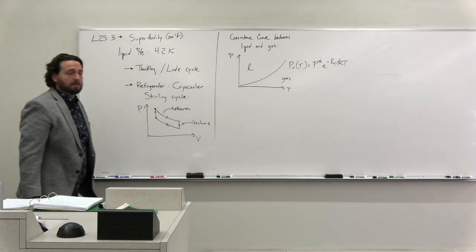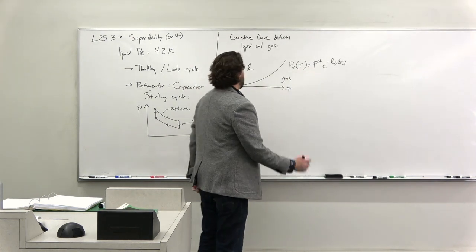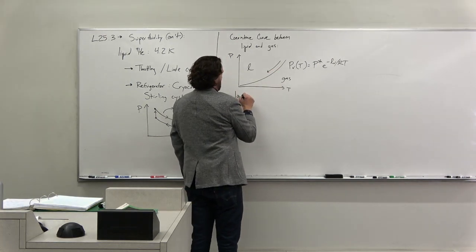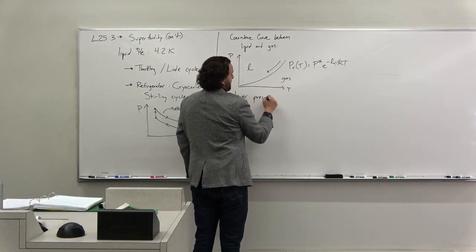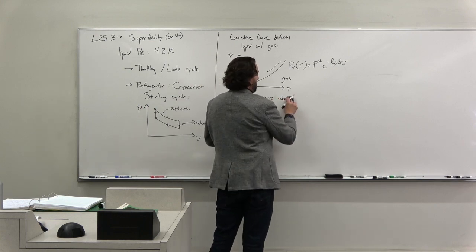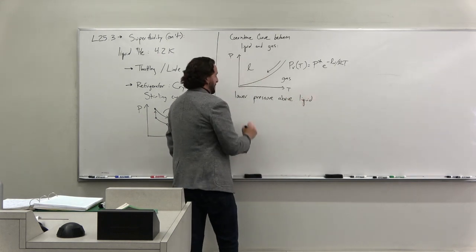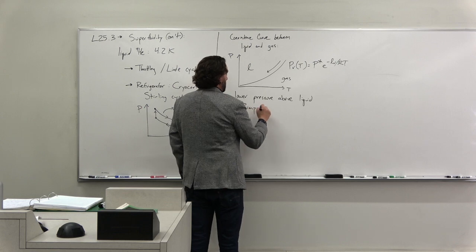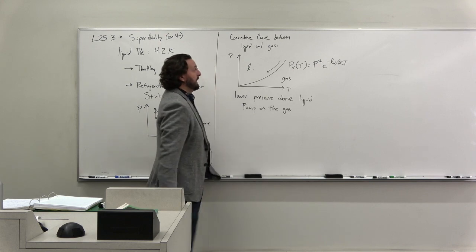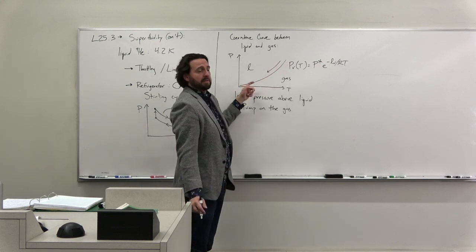Okay, so what we can do, you can see, is we can lower the pressure above a liquid. That is, you pump on the gas. And when you lower the pressure, you follow your coexistence curve down to a lower temperature.